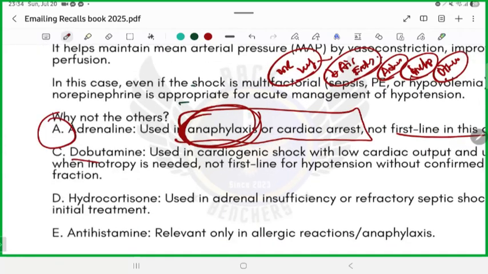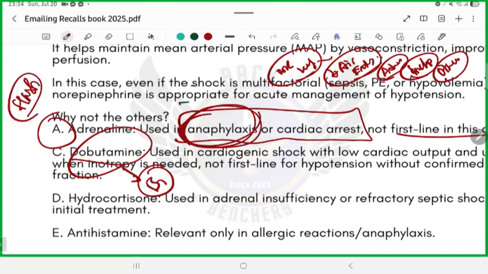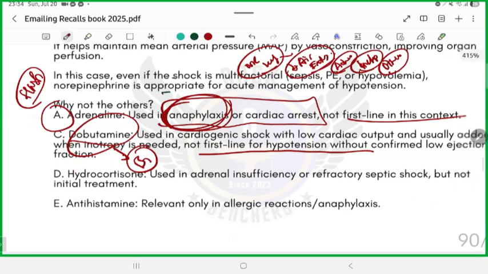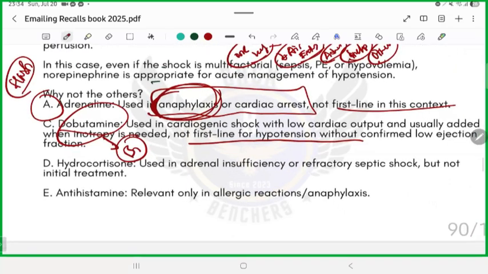Dobutamine is just for cardiogenic shock. It's beta 1 selective. You will have it in our flashcards. I will add those as I update my flashcards before every exam, so this is the time you get your new flashcards. With dobutamine, hypotension will come from low ejection fraction, so just forget it. Hydrocortisone, no, we don't have adrenal insufficiency here, or low sodium or something.